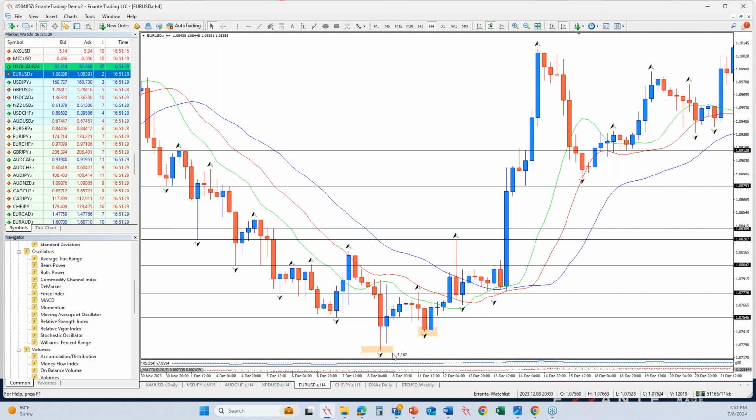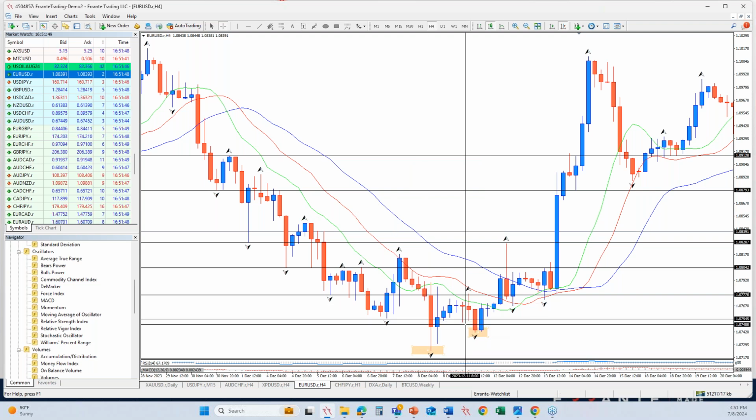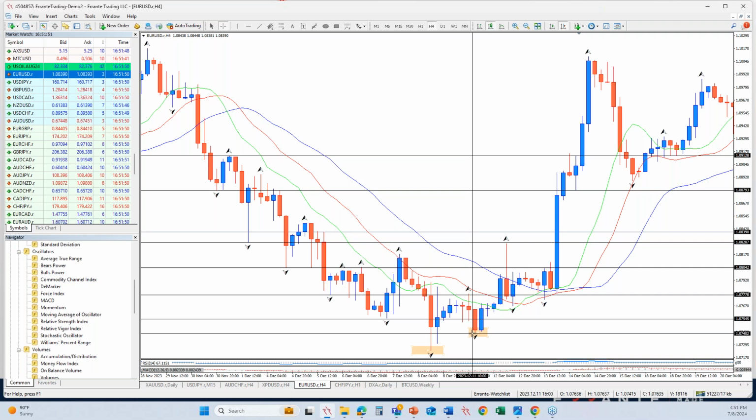This is the first indication of losing steam. This downtrend is out of steam right now when we see the first down fractal which is higher than the last one, and this is the indication of losing momentum in the downtrend.